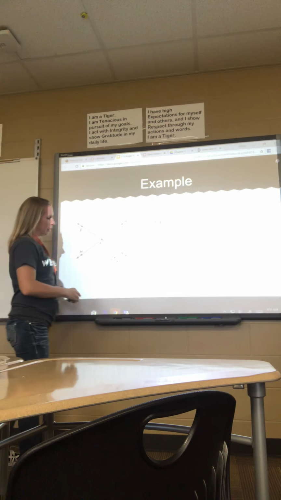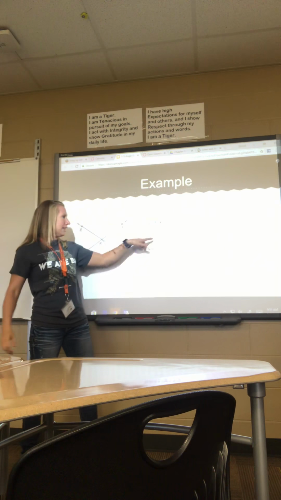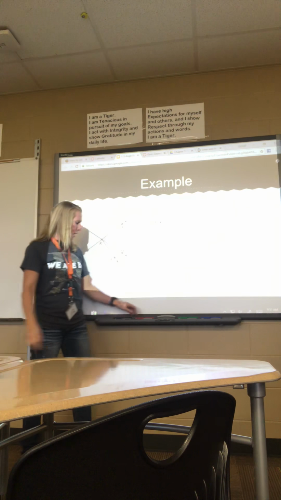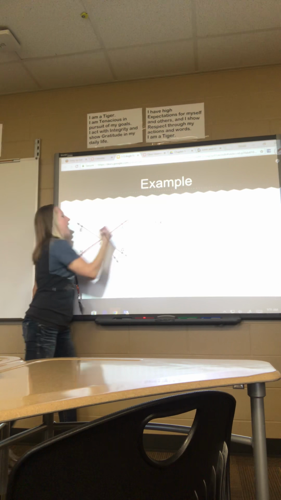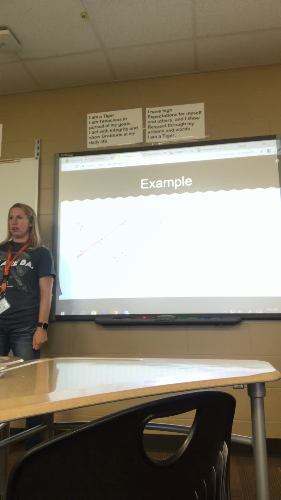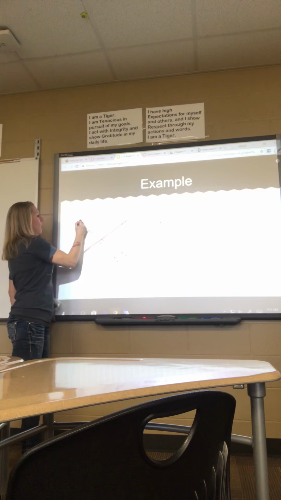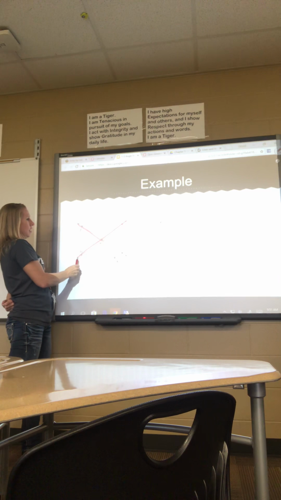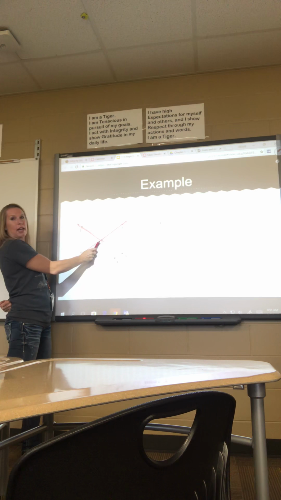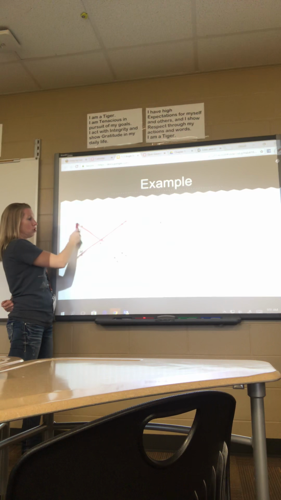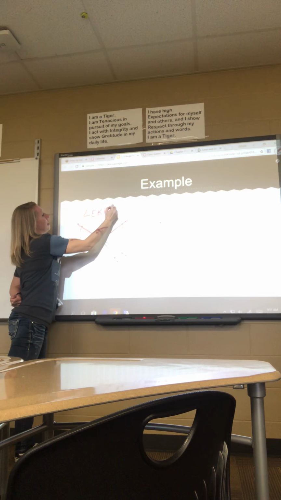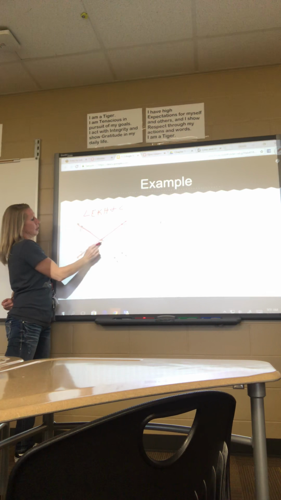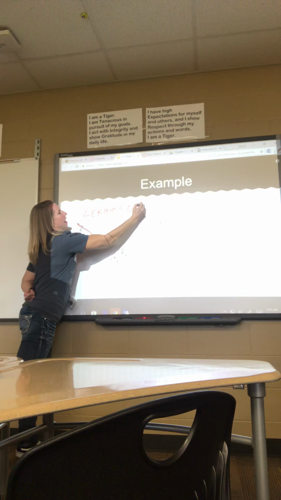Linear pair. Linear pair makes a line. The word line is in there, linear pair. So I just look for a straight line. EKG. But I have to have a pair. How many is in a pair? 2. So I could name angle EKH and angle EKF.